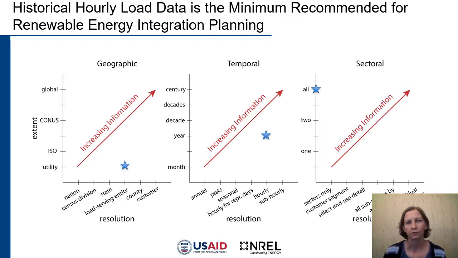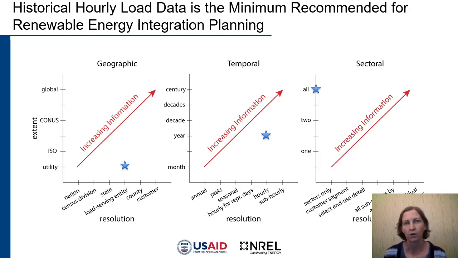One of the things we've found while doing grid integration modeling at NREL that's really important when we're trying to understand how much renewable energy we can integrate into a grid system is being really careful about having time synchronous data for load, wind, and solar.